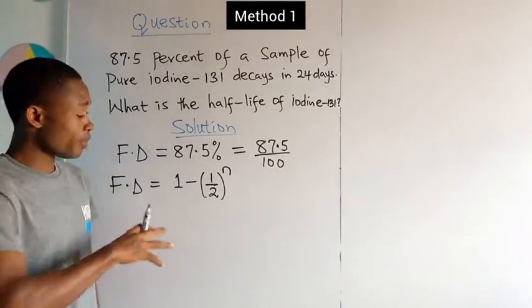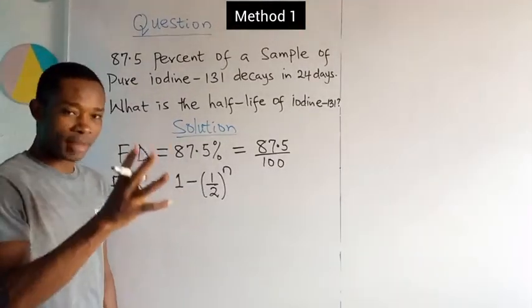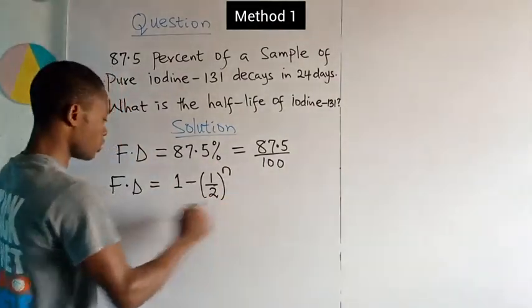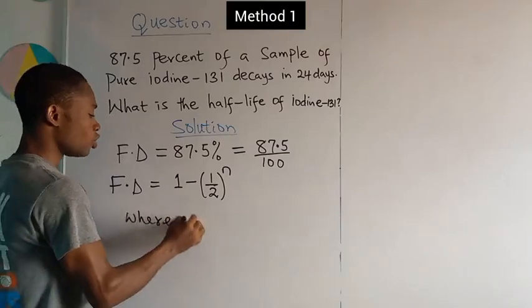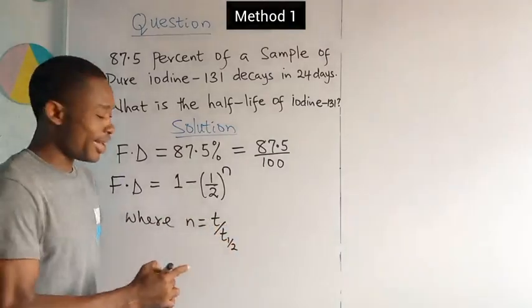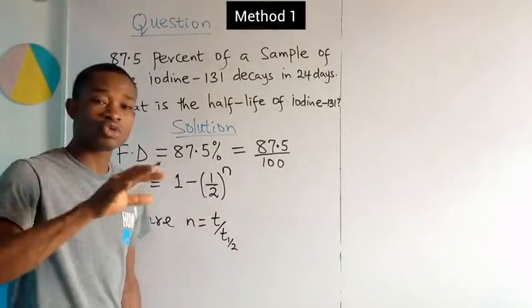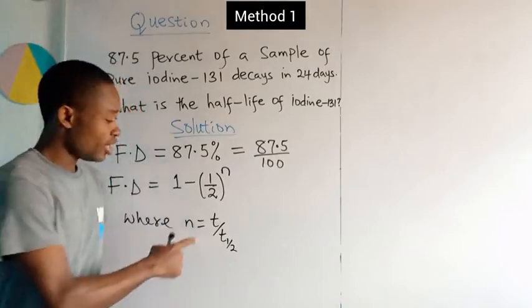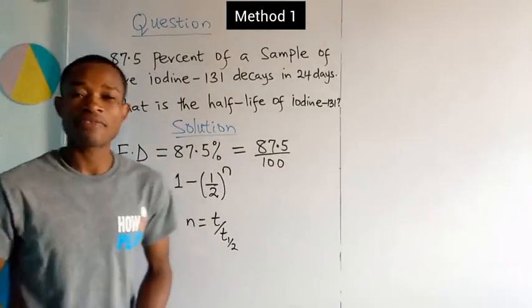The fraction of any sample decayed in any particular time frame is 1 minus 1/2 raised to power n, where of course n is equal to t divided by t half. That n is equal to the time it took that fraction to decay divided by a special time called half-life.